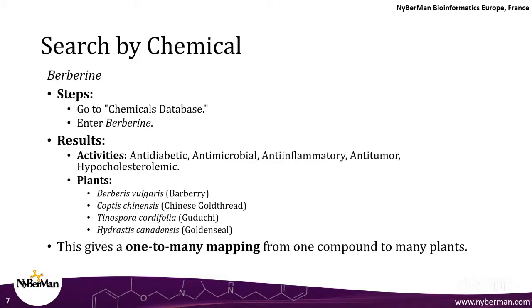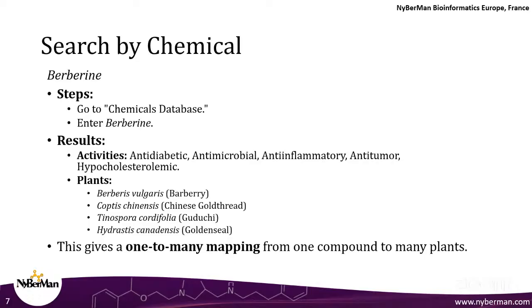As we know, we checked the paper: berberine, anti-diabetic and hypocholesterolemic activity, anti-diabetic activity was reported. In addition to that, antimicrobial and anti-tumor activity was also reported in some papers. So you can check what all mechanisms were reported for the particular compound.